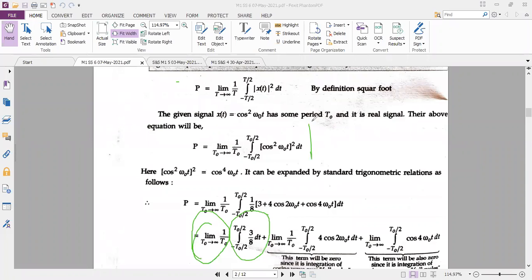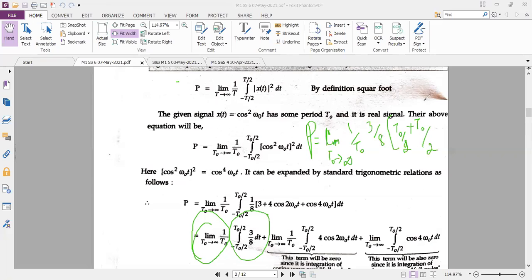So when we perform the integration, let me also just check it. Limit t naught tends to infinity, 1 by t naught. When I perform the integration, 3 by 8 let me take outside. Inside the integration, I'll be having only t. If I substitute the limits, it is t naught by 2 minus of minus t naught by 2, becomes plus t naught by 2.